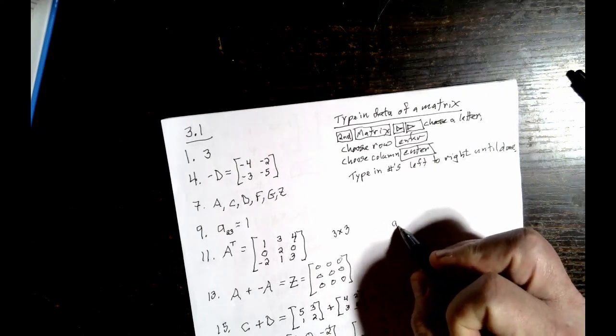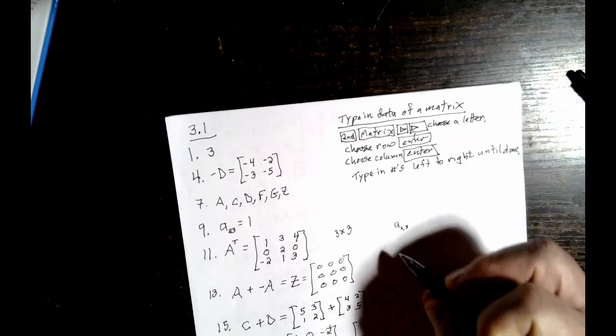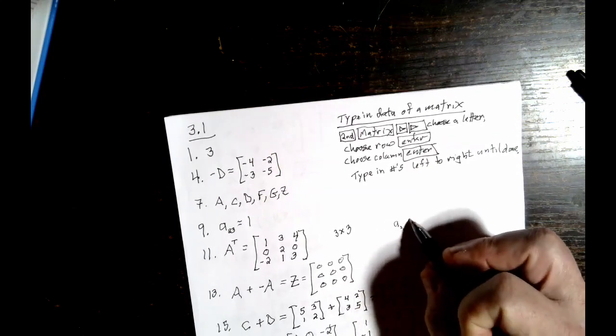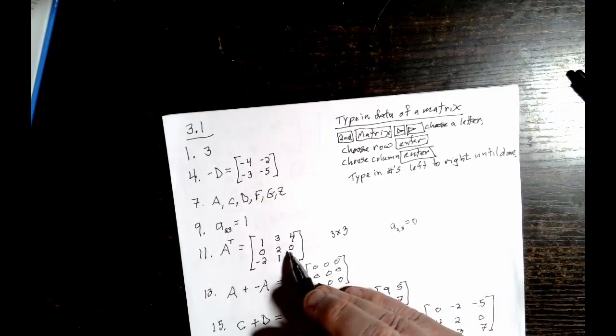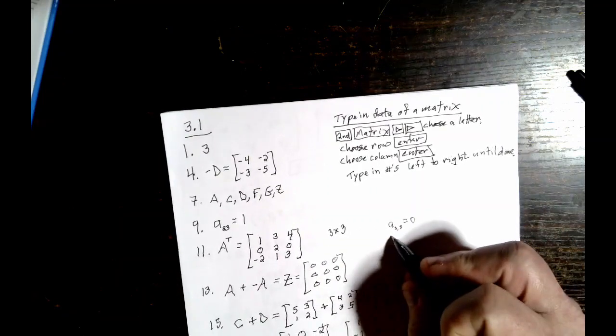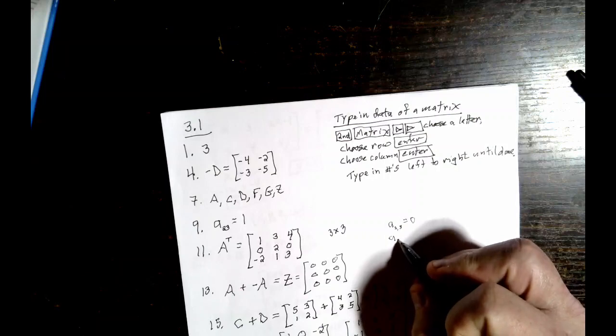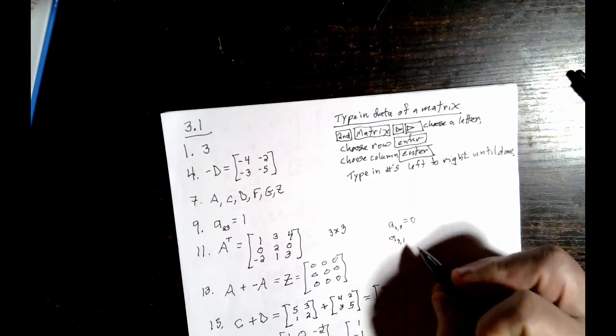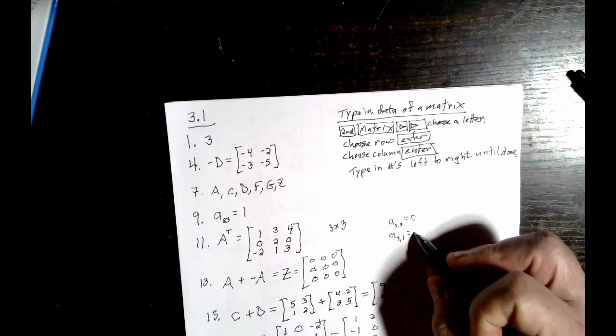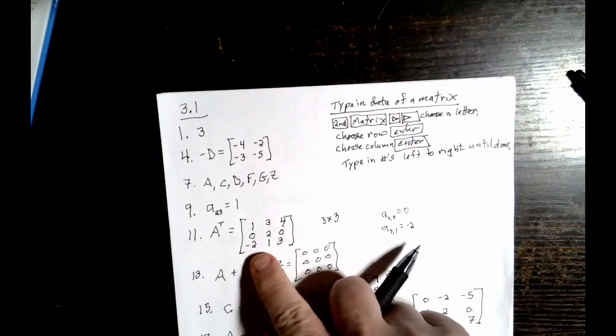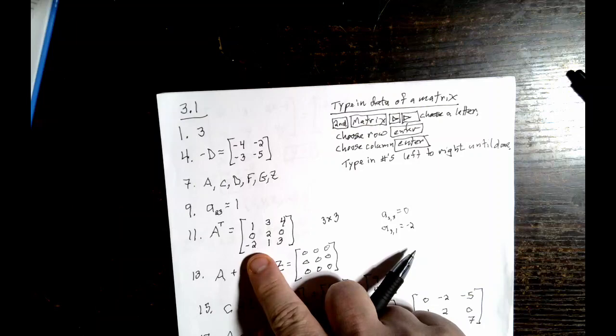Lowercase a, 2, comma 3 means row 2, column 3, and that happens to be the number 0. And then a 3 1, third row, first column, is negative 2.